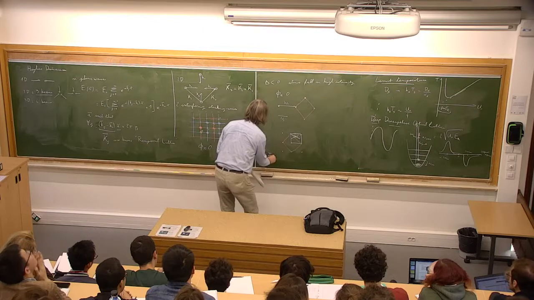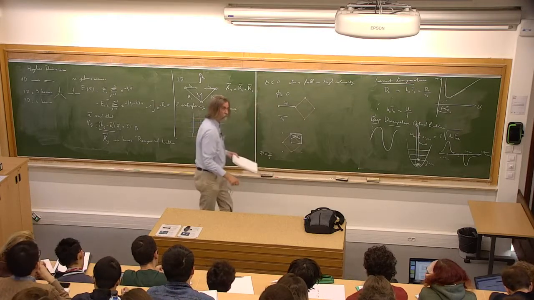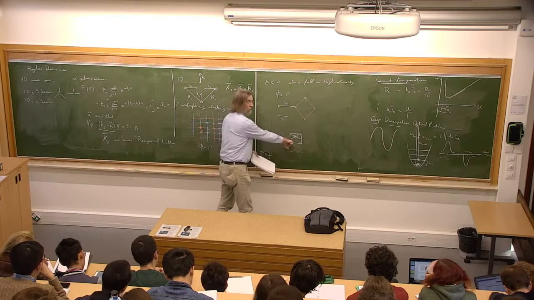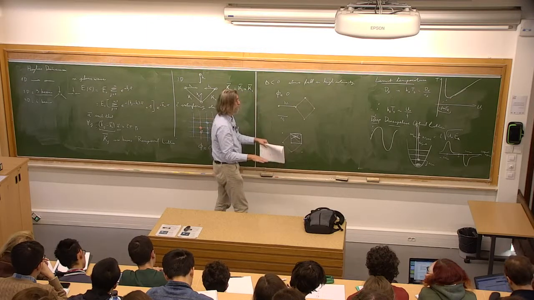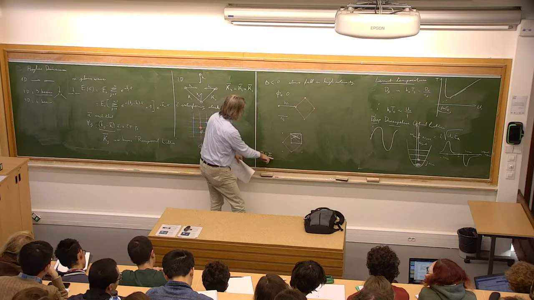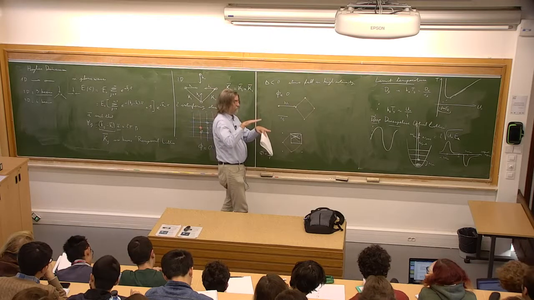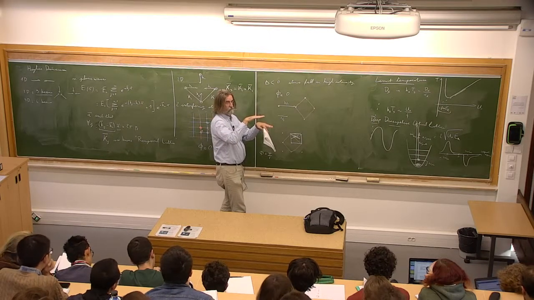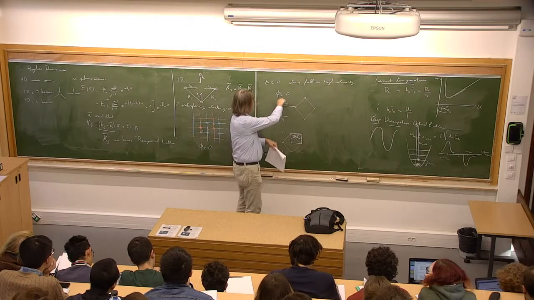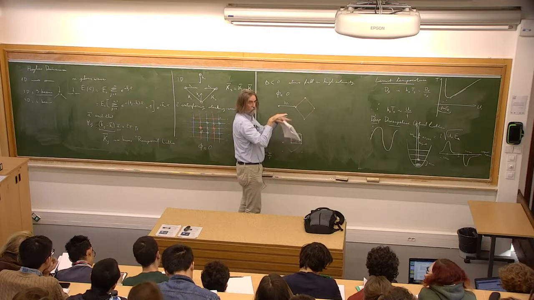In the case where the phase is pi over 2, the two minima are fully equivalent, so they have the same depth. For any other value of phi, you have one potential depth that is deeper than the other one. And the special case phi equals 0 just means that the second one vanishes.